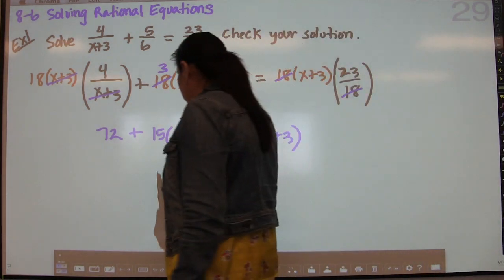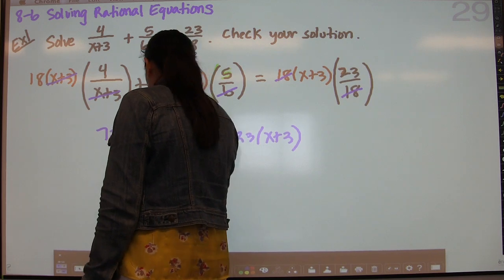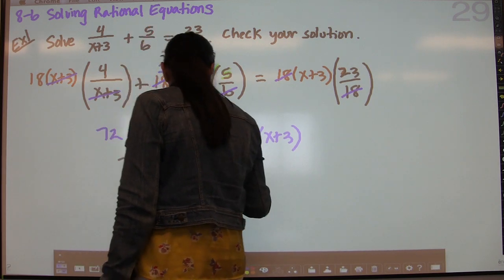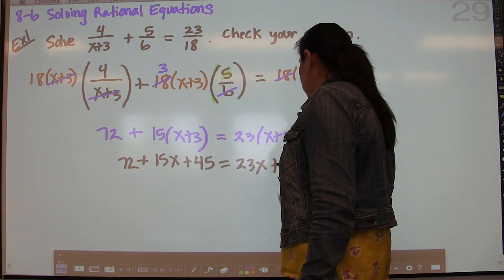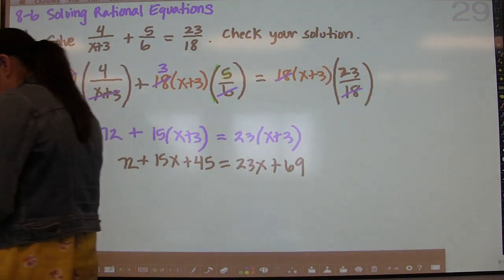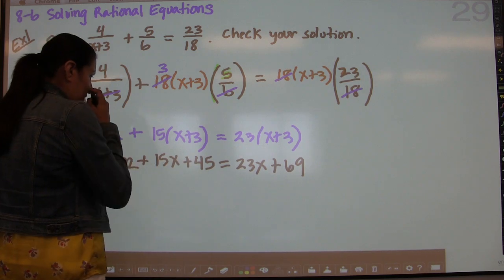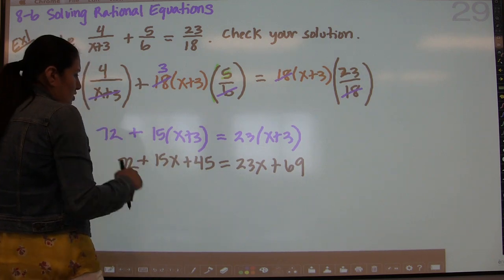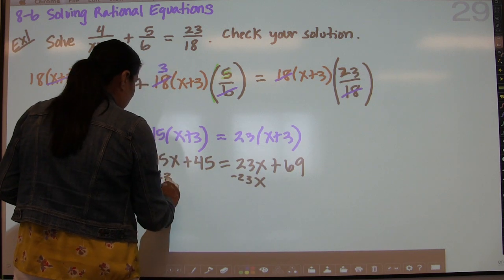So we're going to distribute the 15 here, 15x plus 45. Distribute that guy, and over here we're going to get 23x plus 69. 23 times 3 is 69. Then we're going to combine our x's and our constants. So you want to bring this 23x to this side with these 15x's.